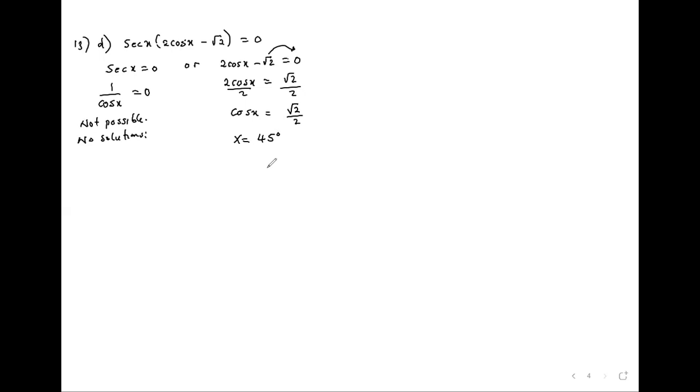You can also go in the fourth quadrant and pick an angle there where cos is positive. So what is 45 in the fourth quadrant? The issue of reference. So you get 315.